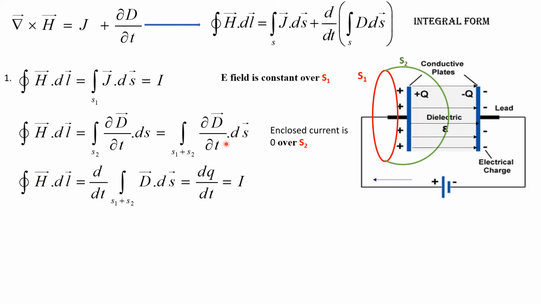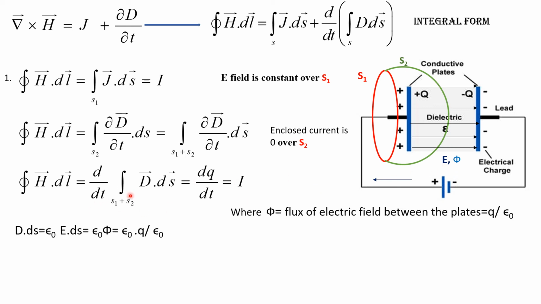So from this equation we can write that the closed integral of H · dl equals d/dt of the integral of D · dS, which gives dQ/dt, equal to I. Now from this step to this step, D · dS means D is epsilon 0 times the electric field, so it is proportional to the electric field dot the area.